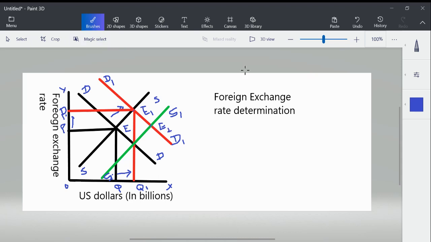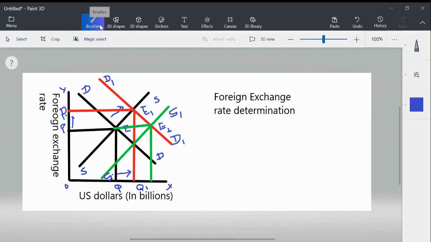At E2, now we have to find the equilibrium price and equilibrium quantity, which is exactly the horizontal line which we drew towards the x-axis, and similarly we also draw a line towards the y-axis.